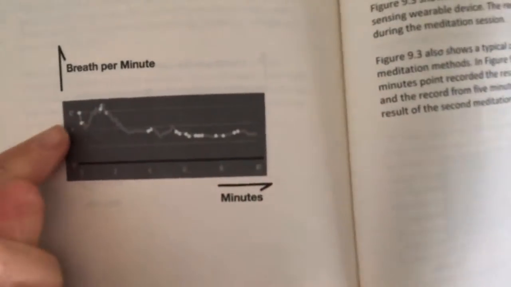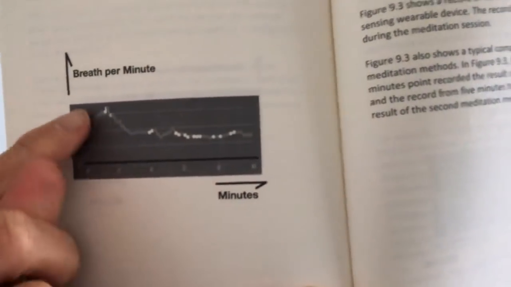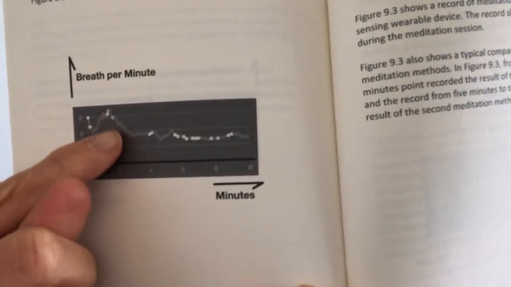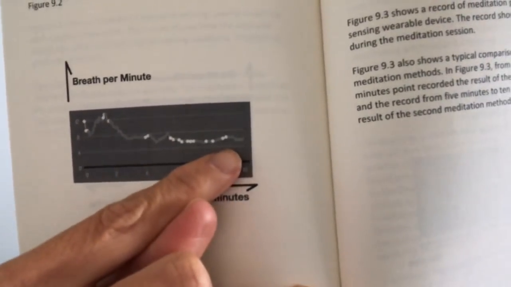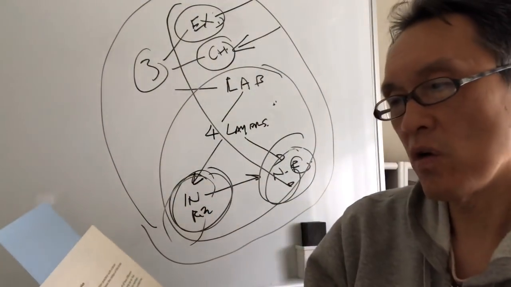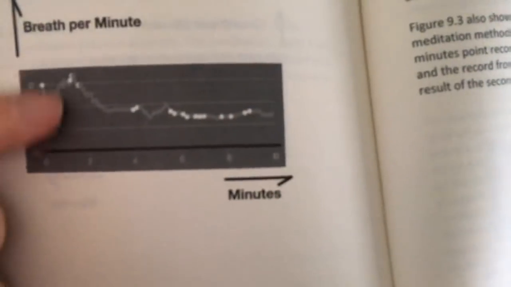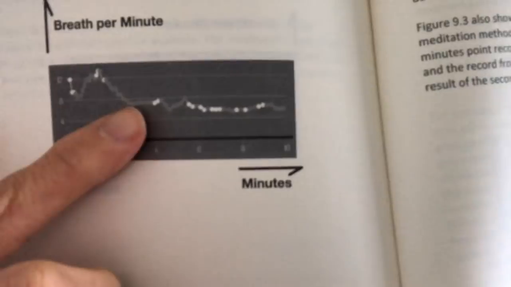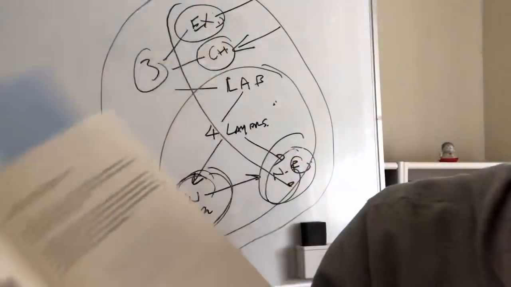This type is the natural resonance. You just regulate and get down, get into the state, okay? You see, you regulate here, and then you enter the state, you stay there, okay? And the same thing here.